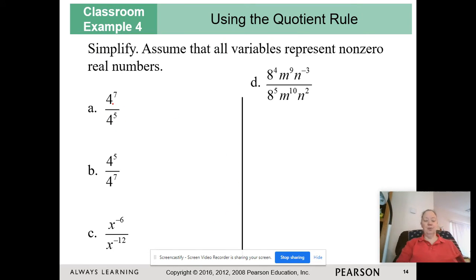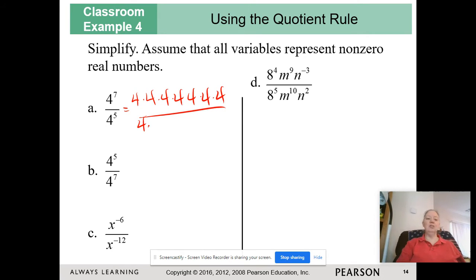All right, so here we go. So again, what I want you to do is either write it out, which is what I recommend, or you can mentally think about writing it out. 1, 2, 3, 4, 5, 6, 7.